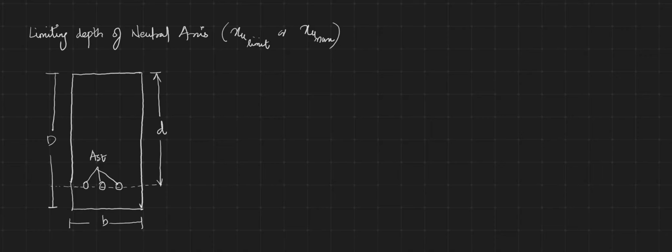Now if I am drawing this strain diagram, you will get a linear variation for strain having a maximum of 0.0035 at the compression side and not less than 0.002 plus 0.87 Fy by Es at the tension side.